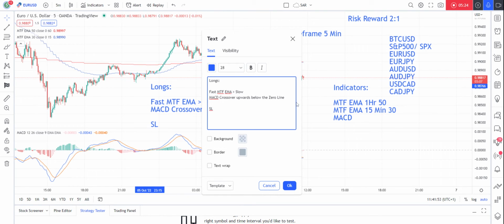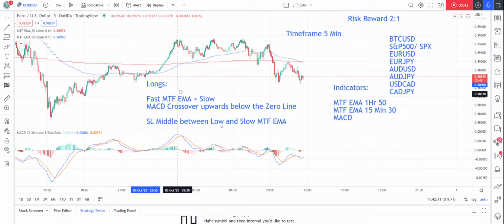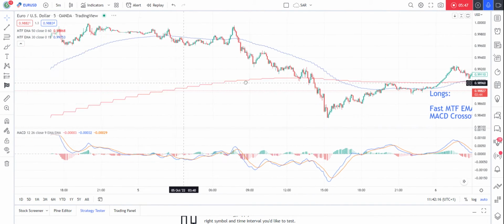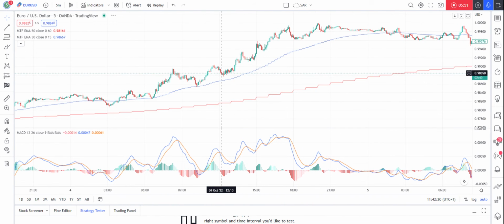Okay, the stop loss: middle between low and slow MTF, somewhere in the middle between them. That is something that we amended through testing, and let's have a look for a couple of opportunities.